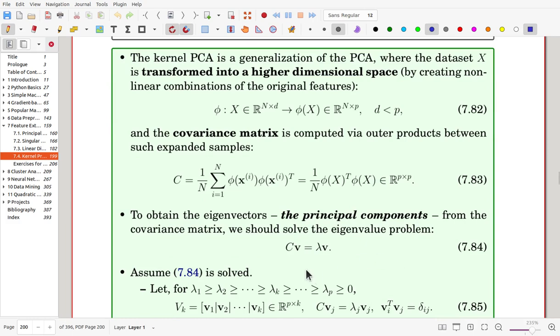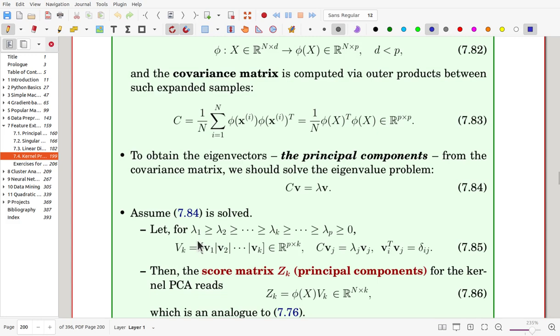So we have to compute eigenvectors and eigenvalues, and we may start by solving this eigenvalue problem, C v equals lambda v, and assume this is solved with eigenvalues in decreasing order. Now V_K, the truncated weight matrix, is the collection of the first K eigenvectors, and they are normalized.